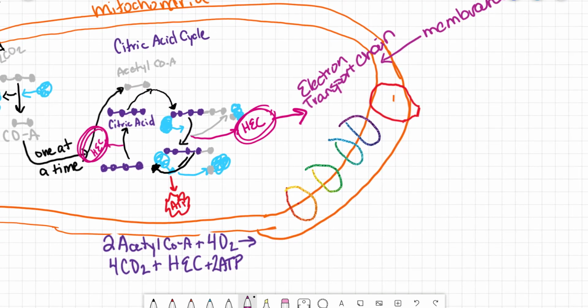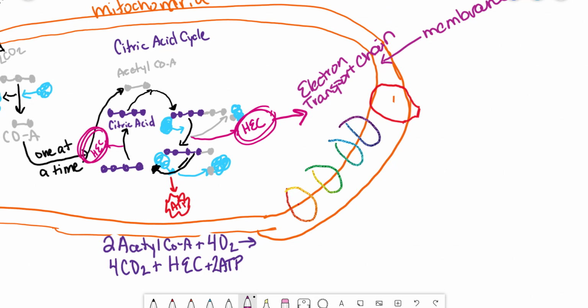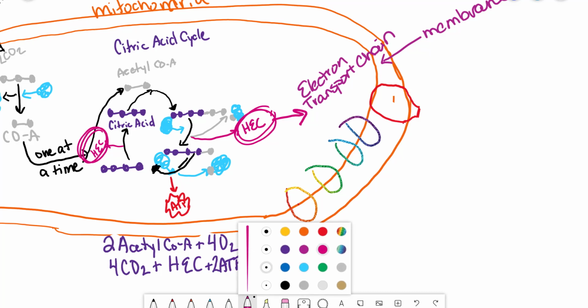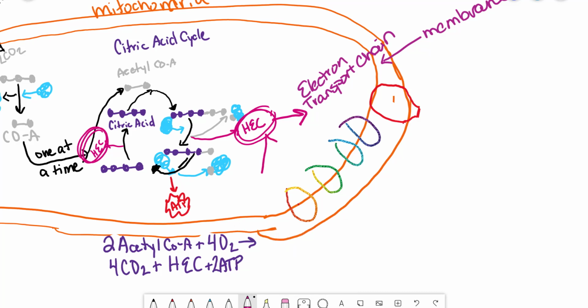All right, so now one thing these high energy compounds have in common is that they all have hydrogen. Okay, and that is really important because in these high energy compounds, we're actually storing that energy in that hydrogen bond. So the first thing that's going to happen here is we're going to take that high energy compound and break it up into electrons and hydrogen.